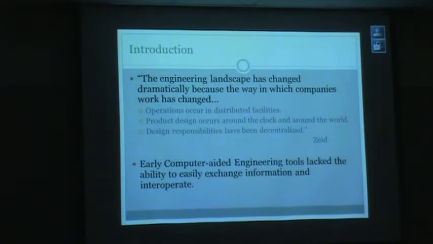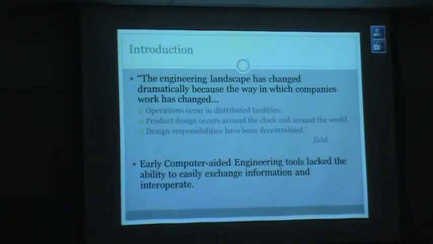Early computer-aided engineering tools lacked the ability to easily exchange information and interoperate. So back in my day, okay, if you did something on CAD system X and a supplier was using CAD system Y, they generally had to recreate it.